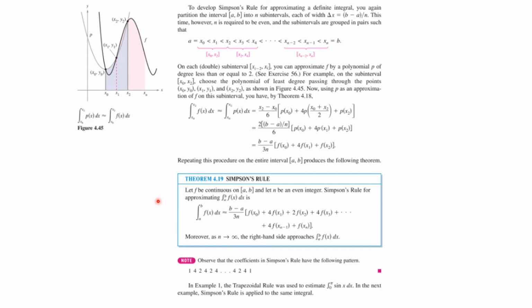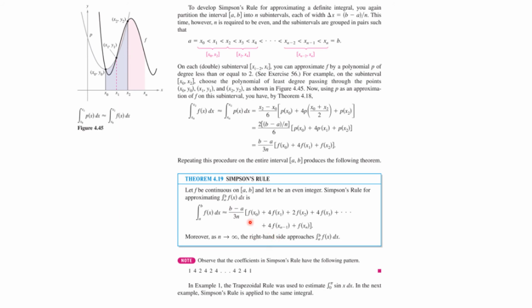Let f be continuous on [a, b], and let n be an even integer. This has to be an even integer so you don't run out of points. That's not really a big constraint, but it is important to remember that for Simpson's rule, n has to be even. Then the approximation is this: the integral from a to b of f of x dx is approximately b minus a over 3n.